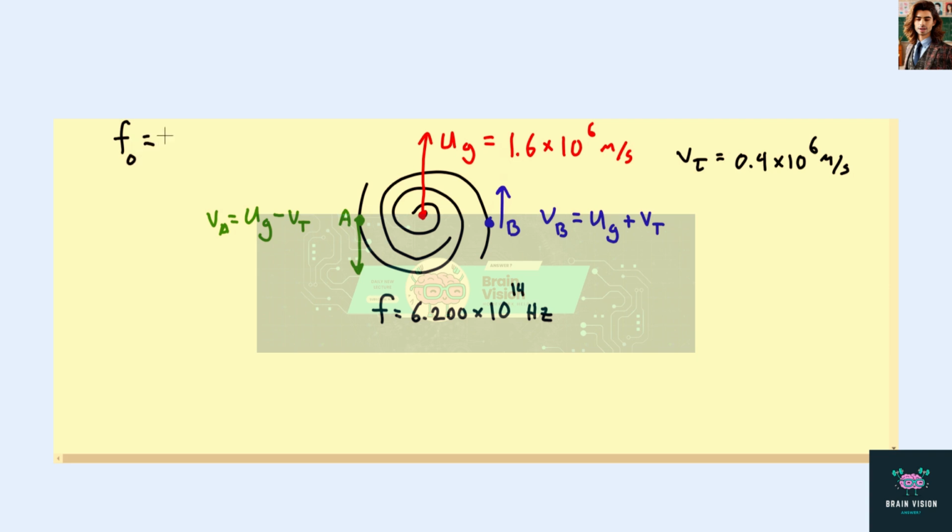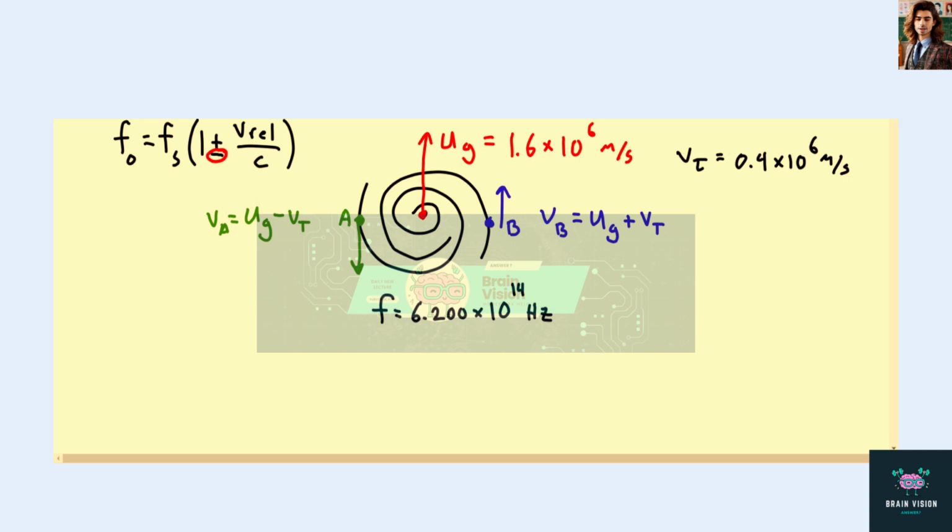Frequency of observer is equal to frequency of the source times 1 plus or minus the relative velocity between observer and source, divided by c. What we're going to see is that when the observer and the source are moving relative to each other, towards each other, then we're going to add, 1 plus the relative velocity.